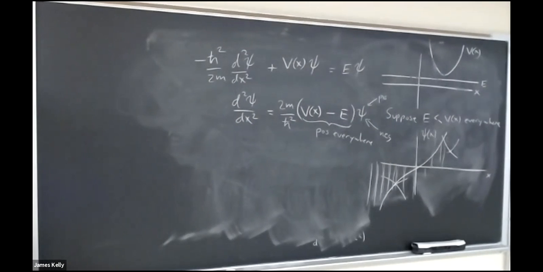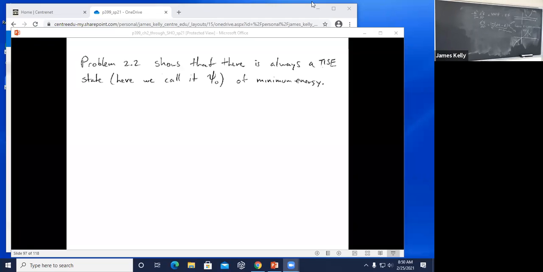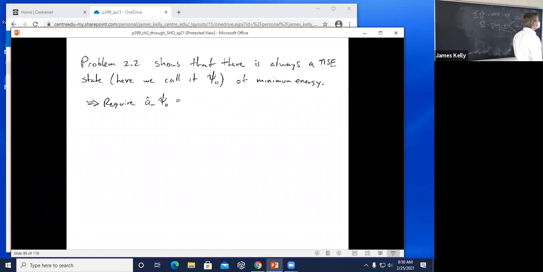Proof? I could have assigned that problem, but it's pretty easy to just do here in class. So there's going to be some stationary state, a time-independent Schrodinger equation state, that has minimum energy. For the harmonic oscillator, traditionally we call it psi 0. In other words, we call E0 the lowest energy.